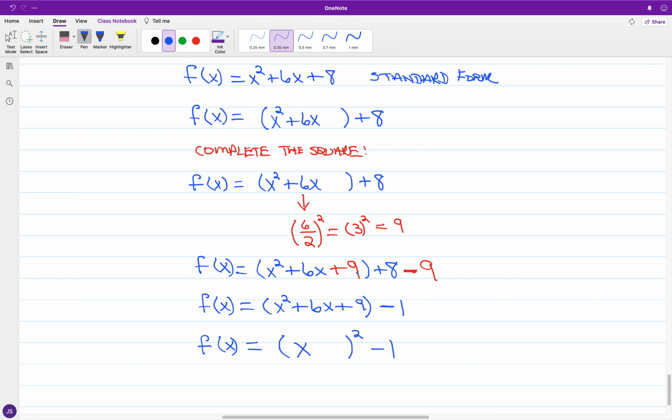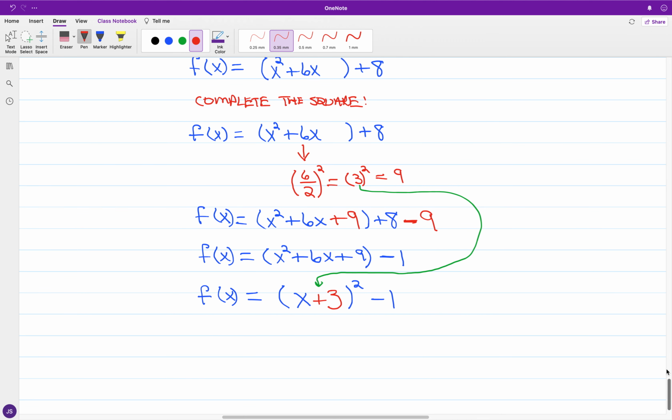Now in terms of where the completion of the square began, again, to get to the plus 9 in the trinomial formation, I had to square out positive 3. And guess what? The number I square out is going to appear at the very end. So I squared out positive 3. So I'm going to have f of x is equal to the square of x plus 3, followed by the subtraction of 1.